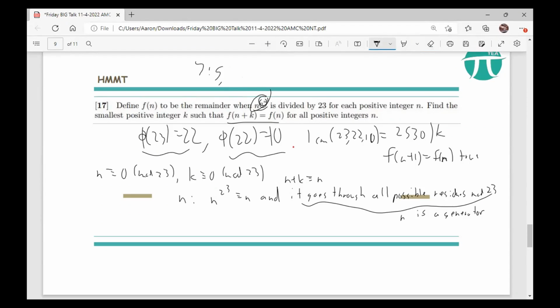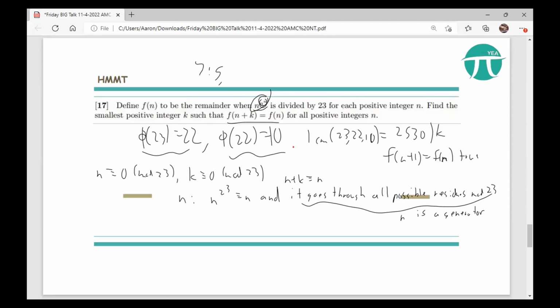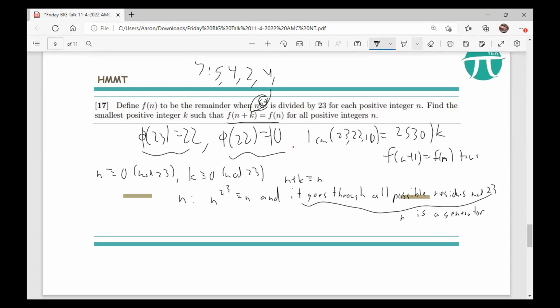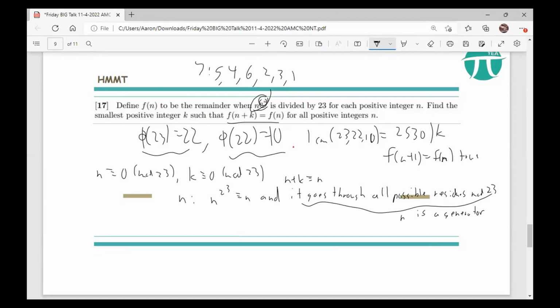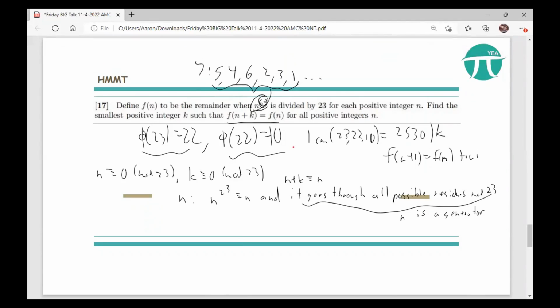So basically a generator is something that loops through the list of all possible remainders mod m, except for 0.